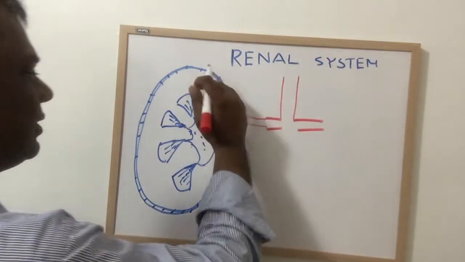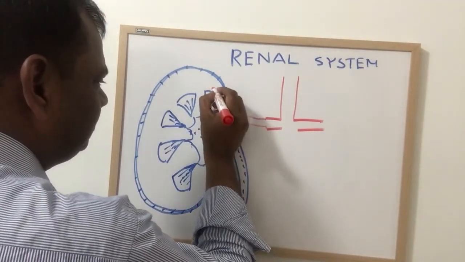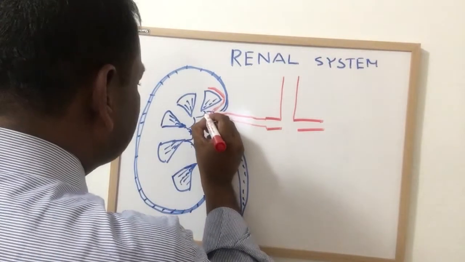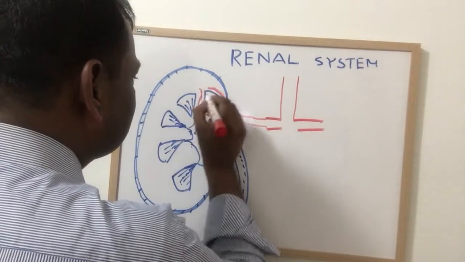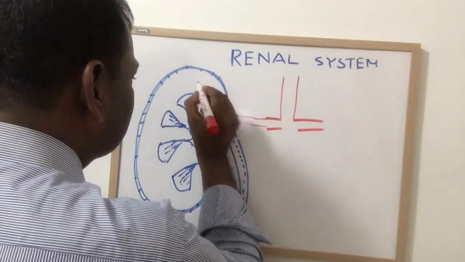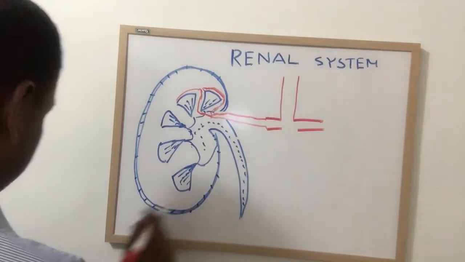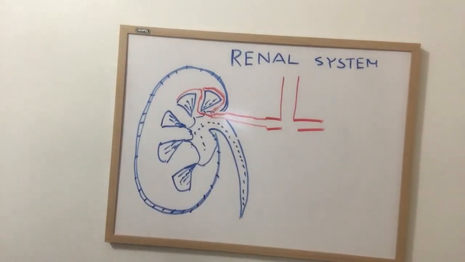This is arcuate shaped, so it's called the arcuate arteries. The same way it goes like this, and this area is venous. They get out like this.